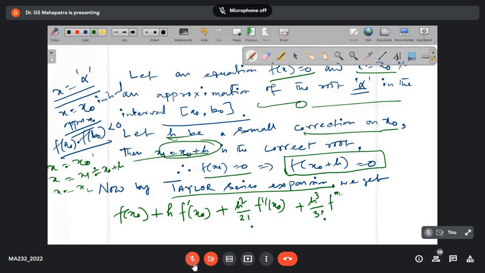Fine, good. This equals 0, the right hand side is 0.